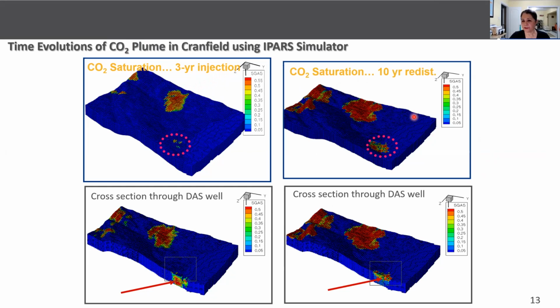And after 10 years, so 3 years of injection and 10 years of redistribution, most of the CO2 has gone up to the top level. That's the top layer, and distributed aerially. If you look at the cross section, this is after the injection. And now after redistribution, most of the CO2 just moved up to the top layer.